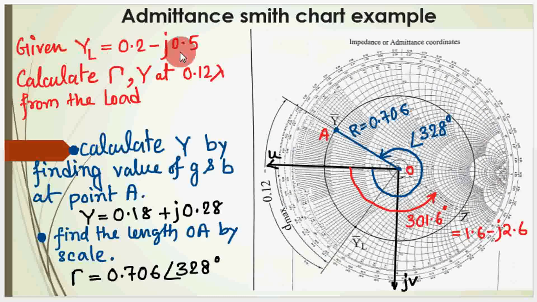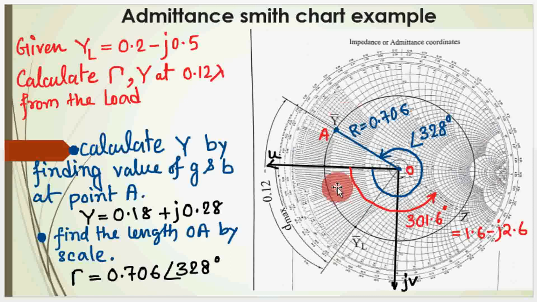Suppose YL is this, and we have to calculate the gamma Y at 0.12 lambda from the load. So it is basically YL bar, and here is a mistake, it should be YL bar. So YL bar is 0.2 minus J 0.5. So this is the YL bar, and this distance is 0.12 lambda.